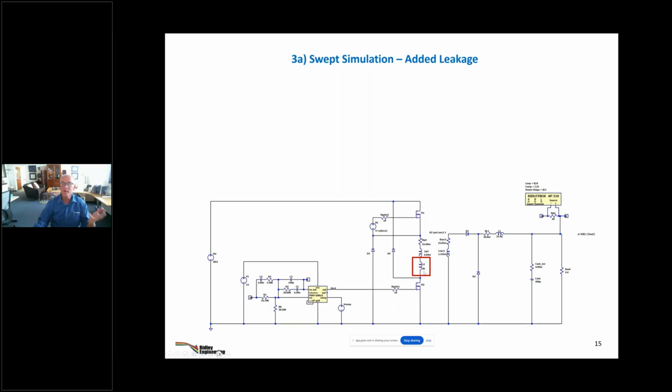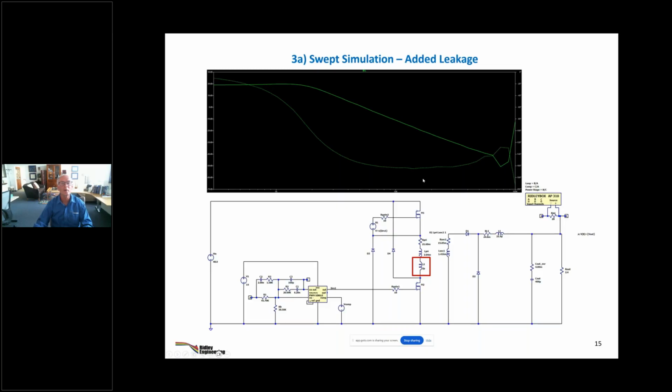But I'm sweeping the transfer function of this circuit with some leakage. And typically in our labs, when we build these circuits, we see 1 to 2 microhenries. Sometimes people will do better than that. And when we add the leakage to the circuit, I get this. Now we're pretty close to reality.